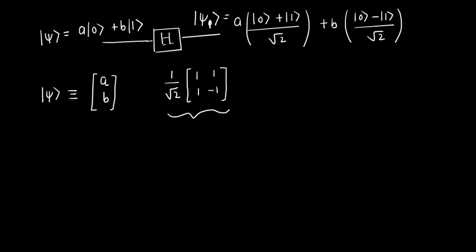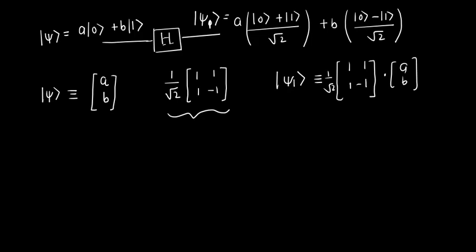So if this is the matrix corresponding to the Hadamard gate, and this is the vector notation for the qubit state phi, to know the output state you need to multiply this matrix with the vector (A, B), and we will get 1 by root 2 (A plus B, A minus B).